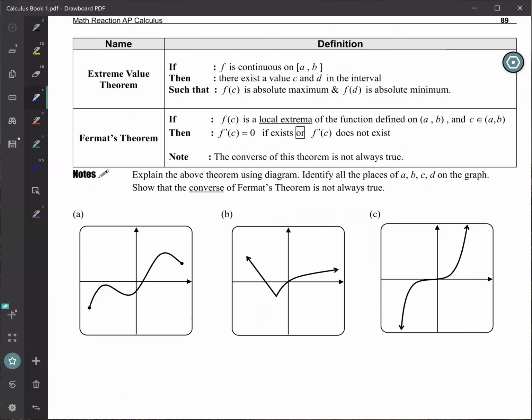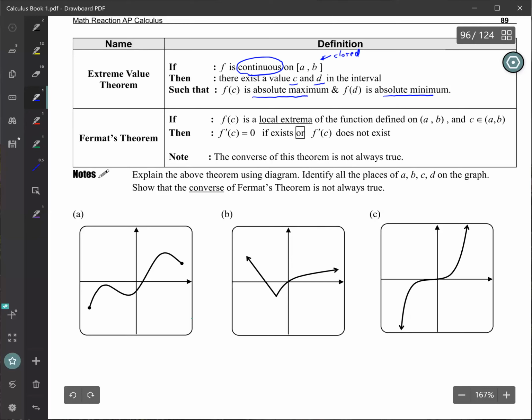The first theorem is called the extreme value theorem. It's about how you check if there is an extreme value, which includes all four things you learned just now. It says if f is continuous, which is always important, and on a closed interval, then there has to exist a value c and d such that it's an absolute max and absolute min.